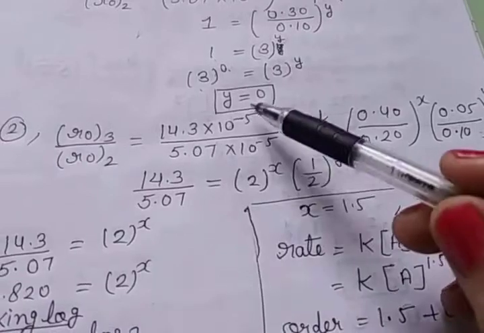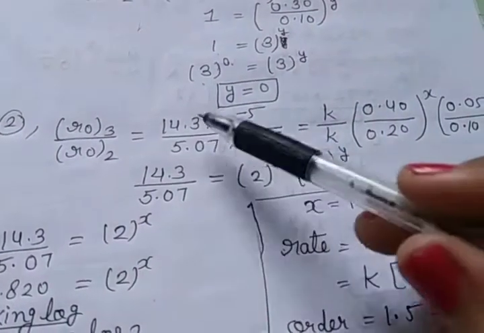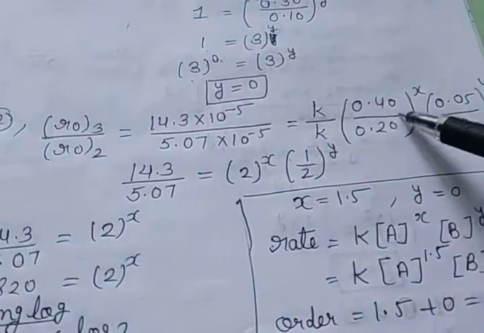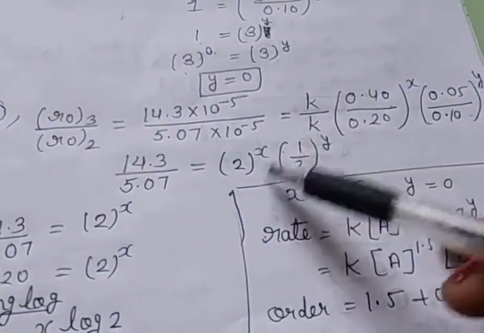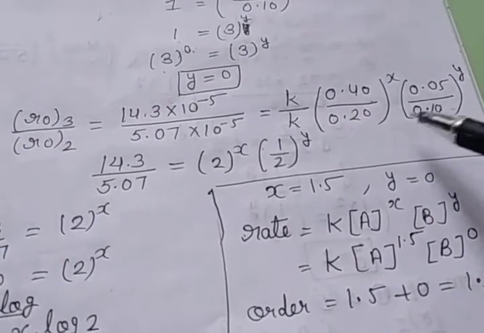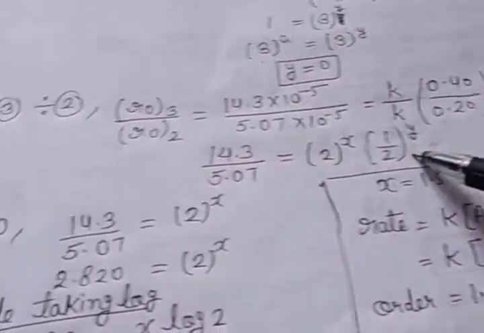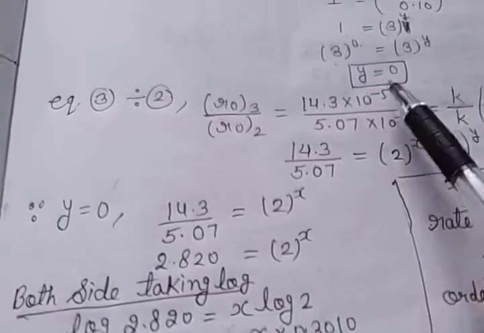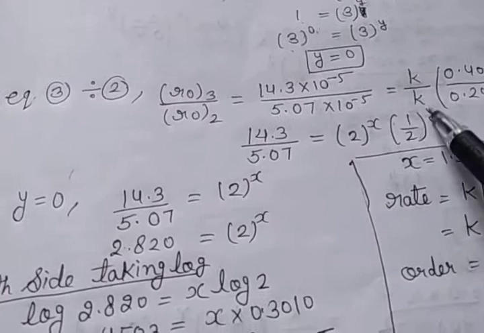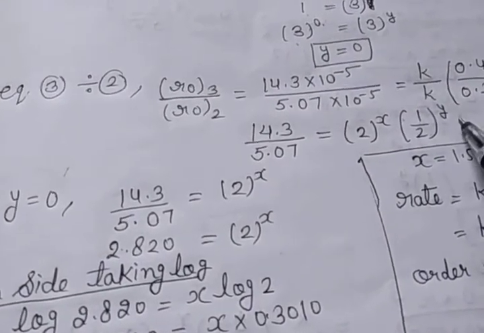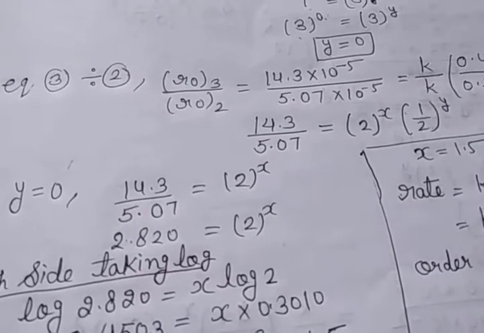Okay, same values cancel. So 14.3 divided by 5.07 is equal to (0.40 divided by 0.20) to the power x, and this is (0.10 divided by 0.20), half to the power y. Then calculate. Here we found the y value is 0, so putting 0 here, half to the power 0 is 1, since any number to the power 0 is 1.